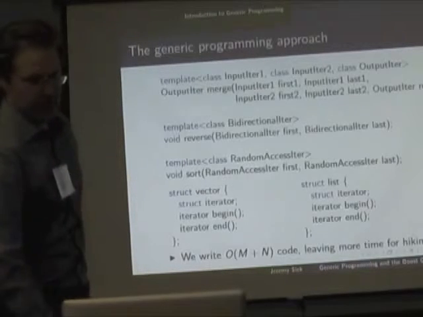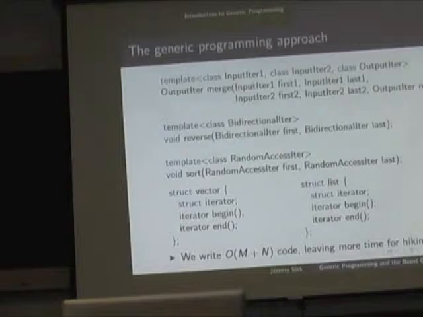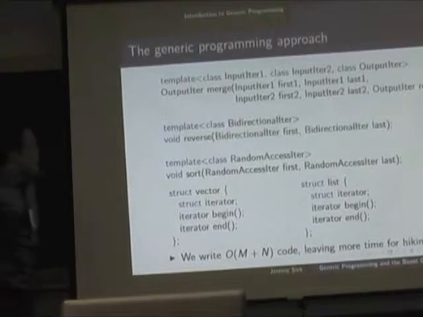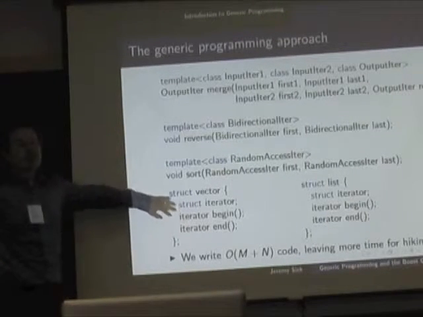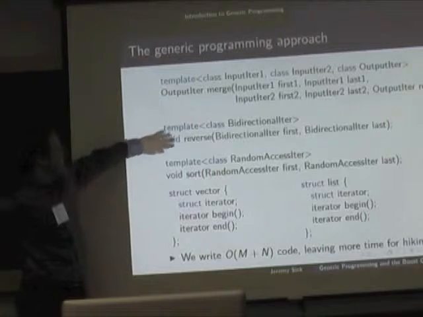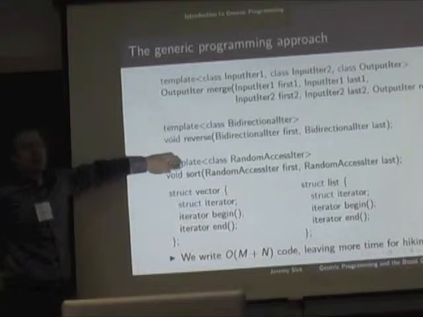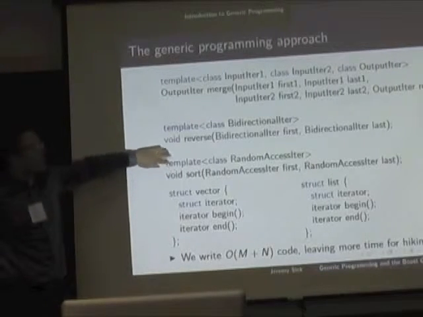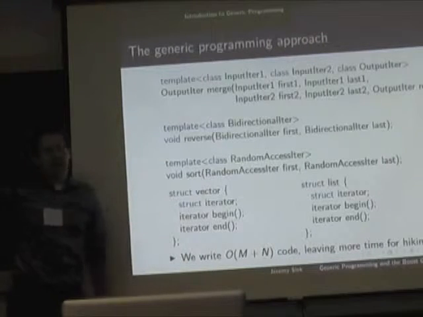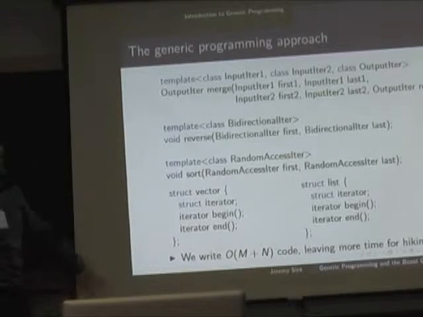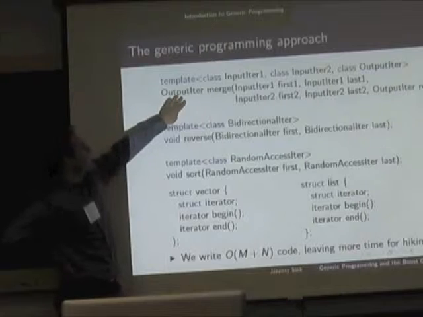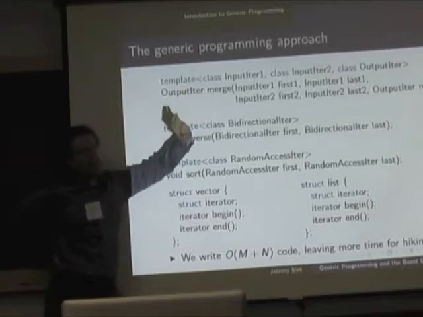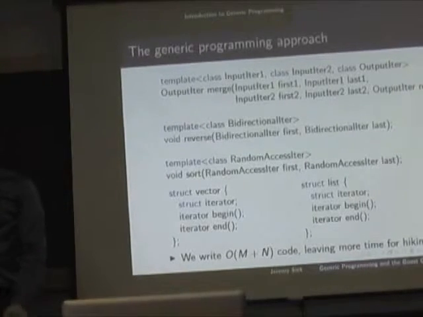So with the generic programming approach, we don't try to put the algorithms as methods. Instead, we try to pull them out as these separate, highly reusable algorithms that can be used with multiple different kinds of container classes. And as hinted at in the names of these template parameters here, they're going to be implemented in terms of iterators.